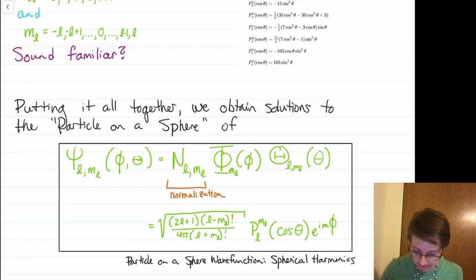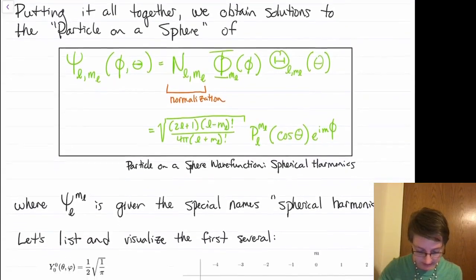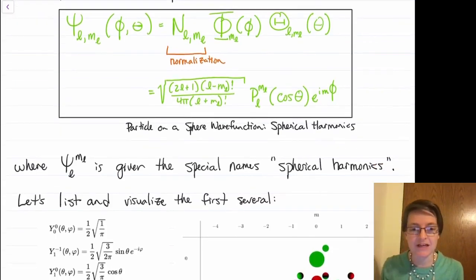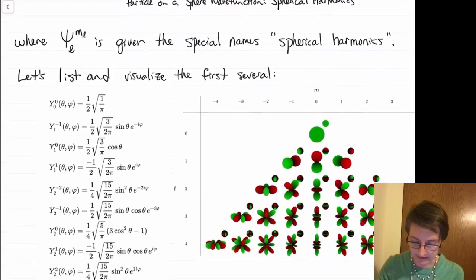So these functions are so special that we're going to give them a name, and we're going to call them the spherical harmonics. And I think it'll be useful for us to, once again, not think about this abstract way of representing the spherical harmonics, but instead look at a table of a couple different examples and what they look like.